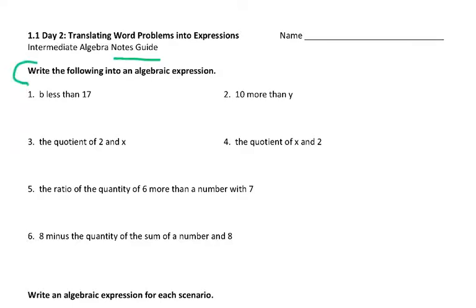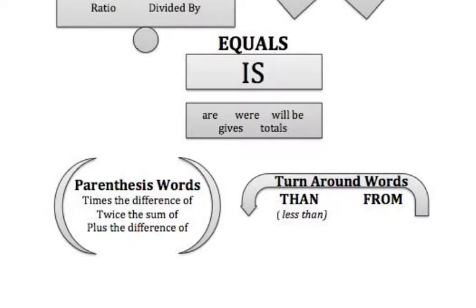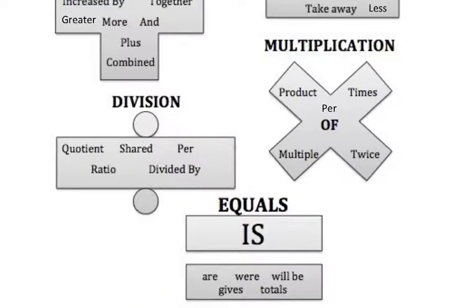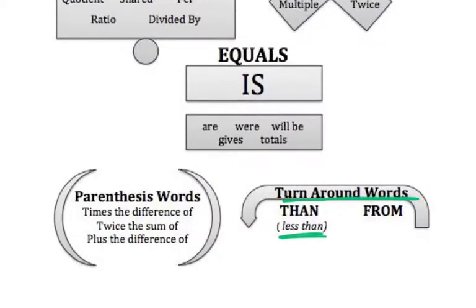So we're going to write the following into an algebraic expression. Notice it says b less than 17. Remember that if there is anything about less than, you do need to turn around what you hear. We hear less, and so we think subtraction, but whatever the order was, we need to turn it around.